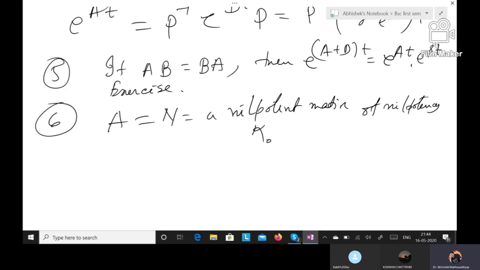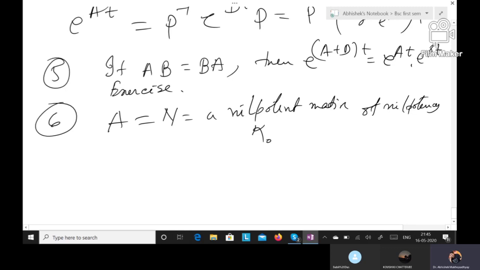Now, for a nilpotent matrix you will find a non-zero integer k for which A to the power k is the zero matrix.